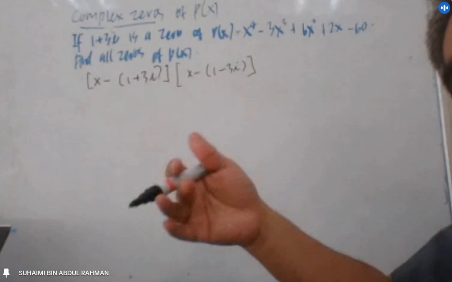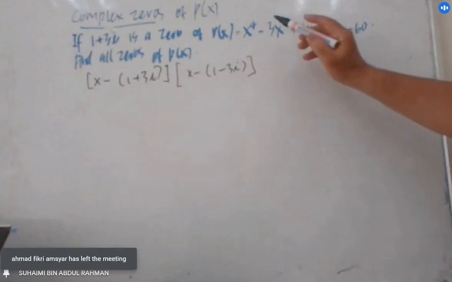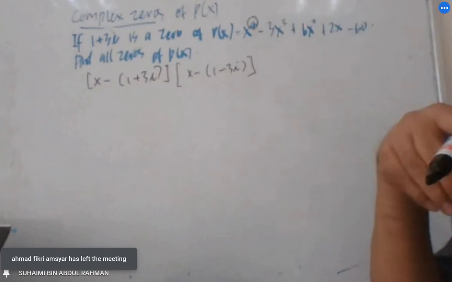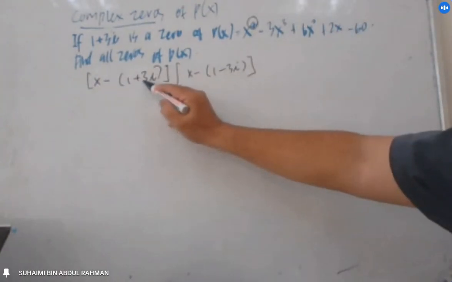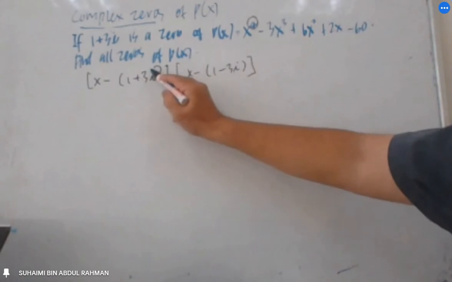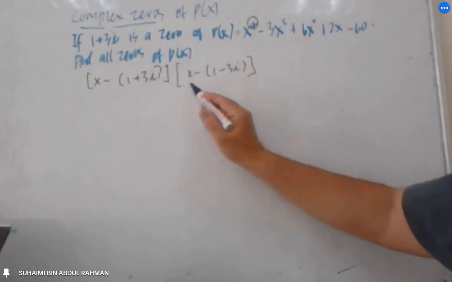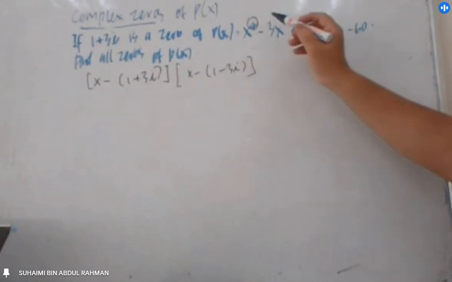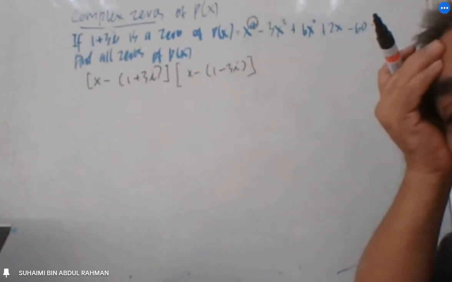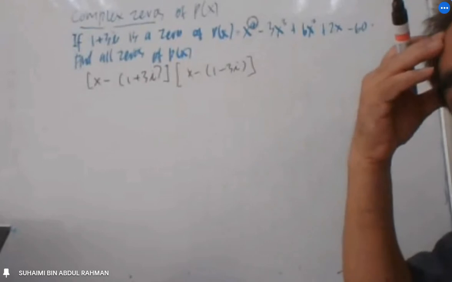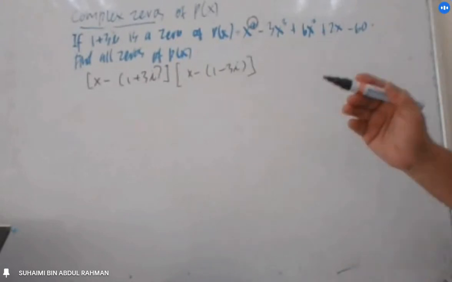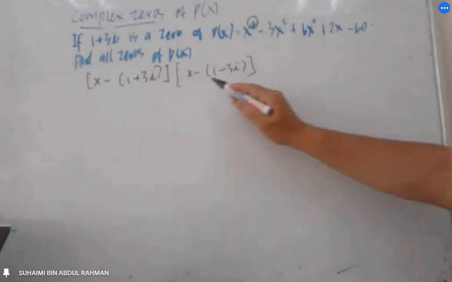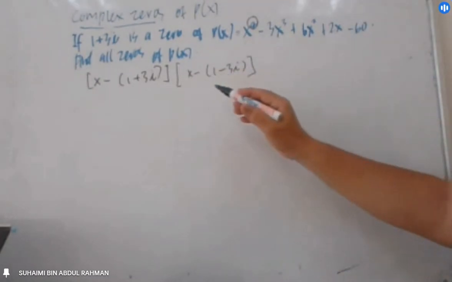Because this polynomial has 4 zeros, and the 2 zeros we already know are complex. How do we get the remaining 2 zeros? We get them by dividing this polynomial by what we have from these 2 zeros.